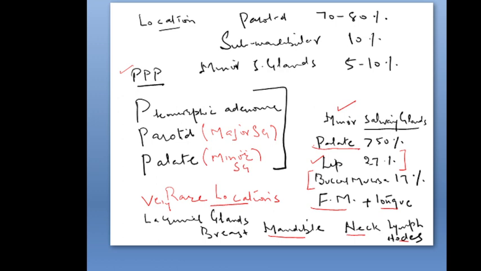Palate is common site of pleomorphic adenoma in case of minor salivary glands. Lip and buccal mucosa are less involved. Very rare location of pleomorphic adenoma include lacrimal gland, breast, mandible, neck, and lymph nodes.